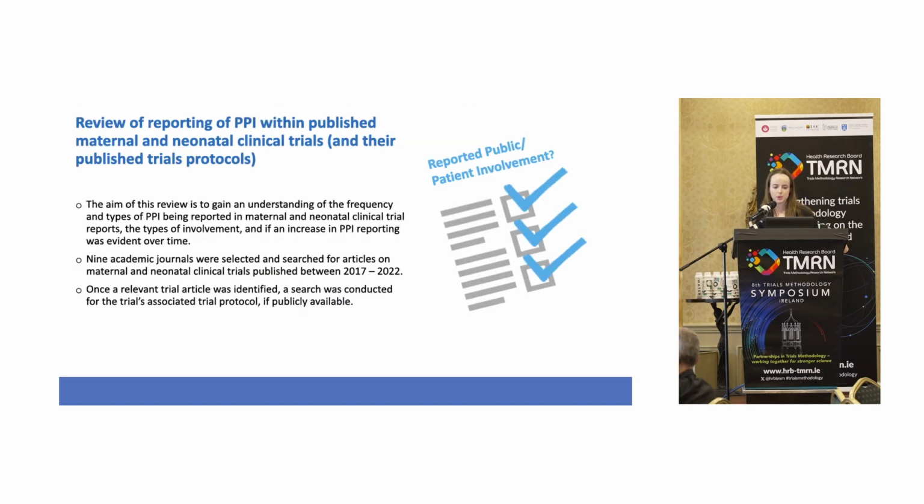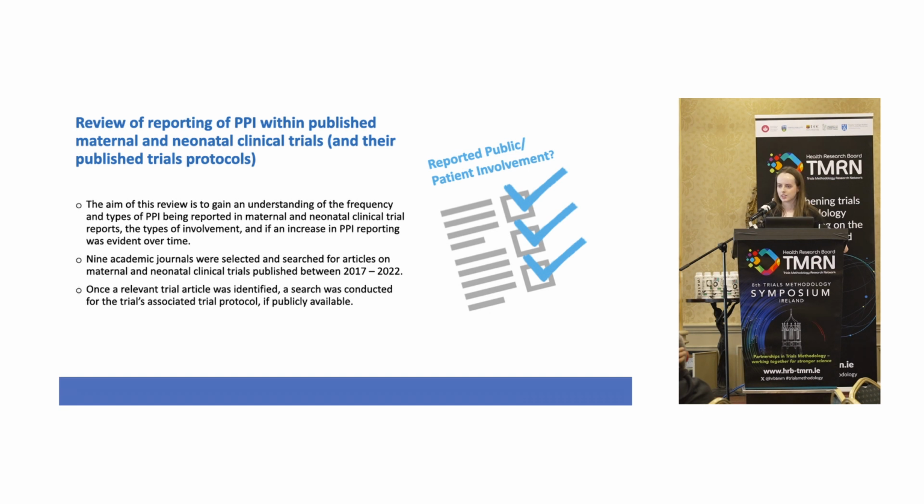So the first review is on frequency of reporting of PPI within published maternal and neonatal trials, and if their trial protocol is publicly available, we would also check to see if they'd also reported PPI there.